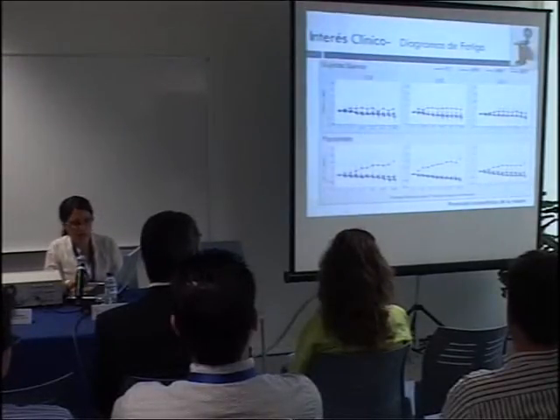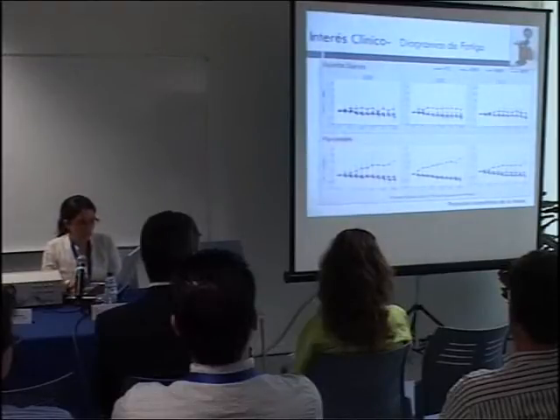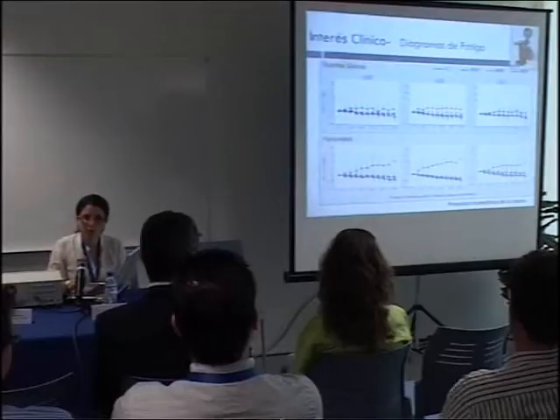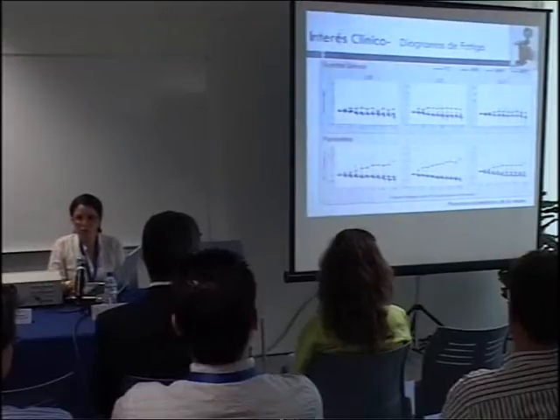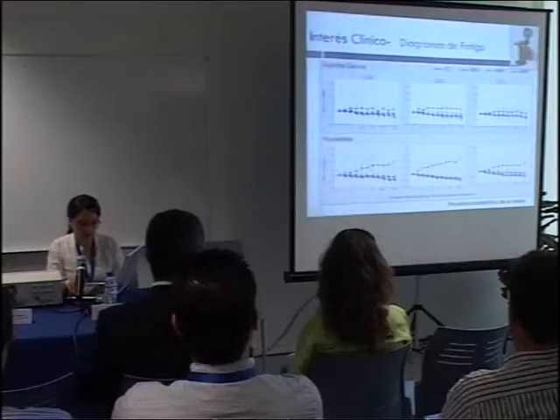In this case, we have an isometric contraction of the hand. We draw up the fatigue diagrams looking at the evolution of the classical parameters in time. And we define the indices as the slope, the linear slope of these parameters.